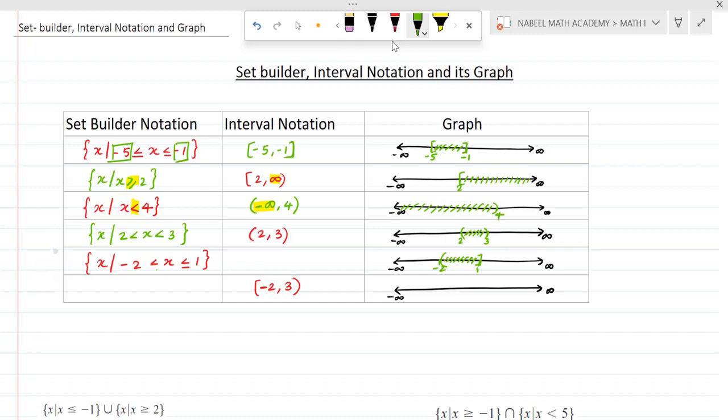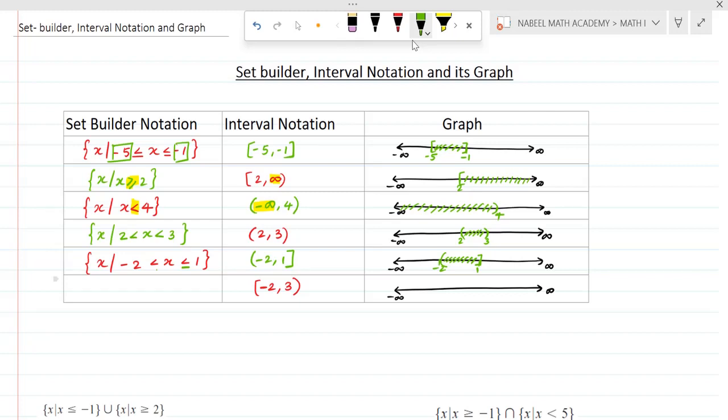So I have this value as minus 2 comma 1. Therefore you have to write a closed bracket, not an open bracket, because 1 is included.